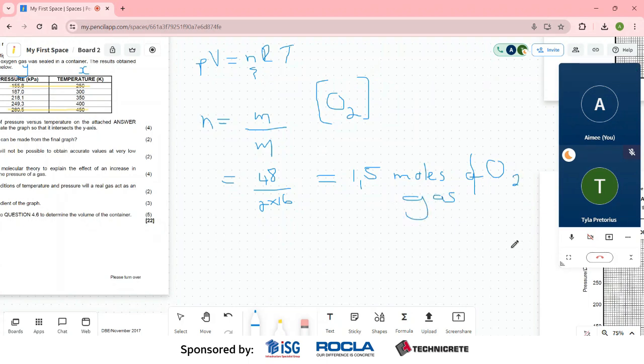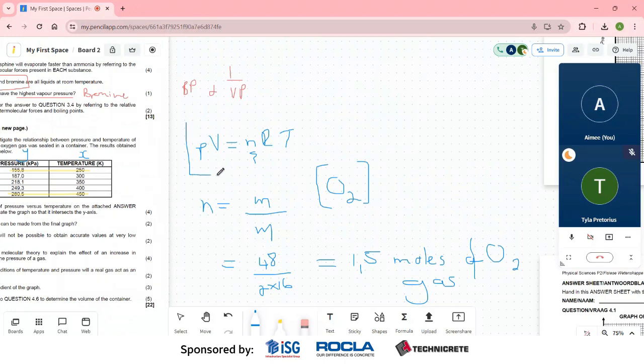Okay? And so now we've got our formula. Our PV is equal to nRT. But remember, they said they wanted us to use our gradient, our calculated 0.62 gradient.